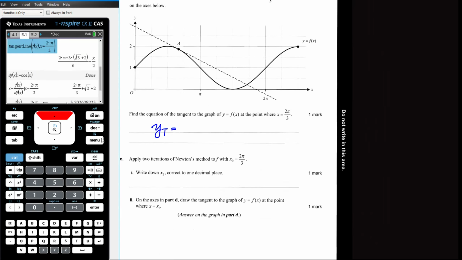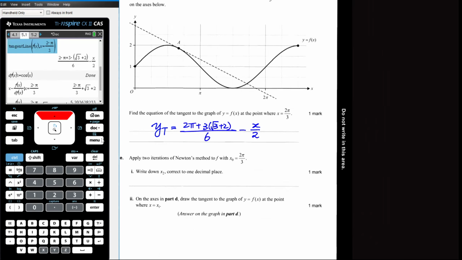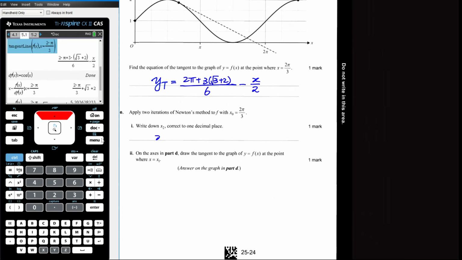Let me just get, let's say, 2 pi plus 3 root 3 plus 2 divided by 6 minus x over 2. And then write down x2, correct to 1 decimal place.